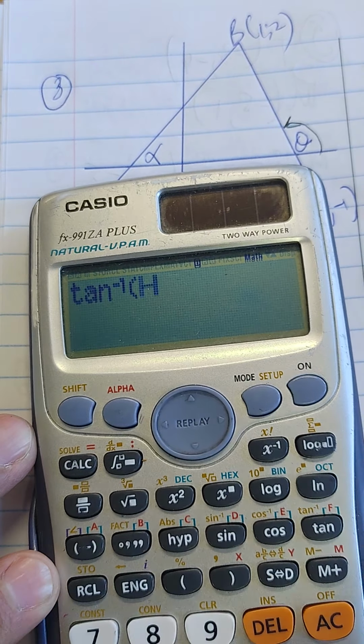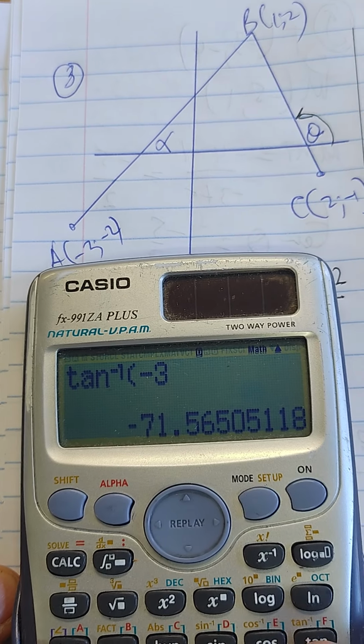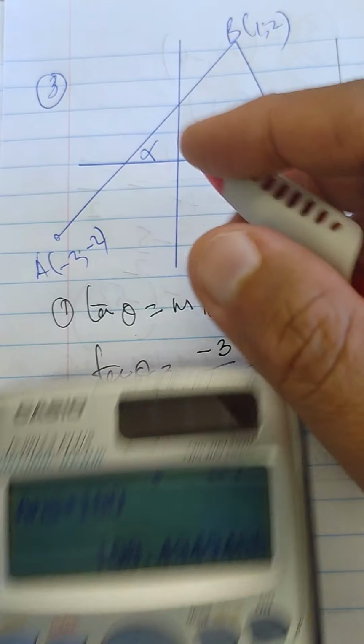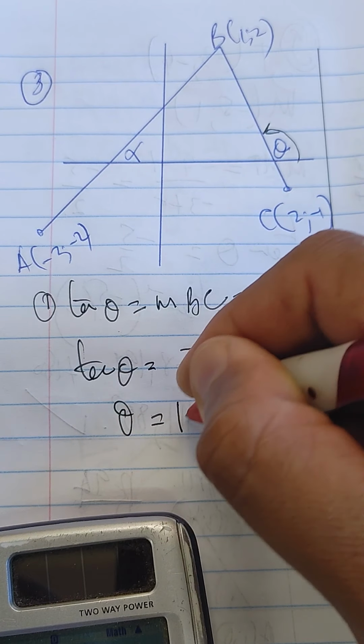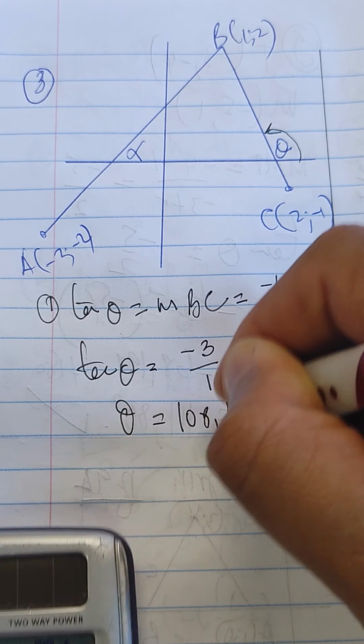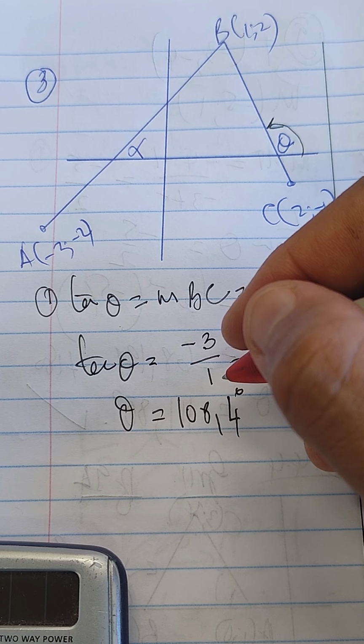Arctan of negative 3 gives you negative 71.57 plus 180. It's going to give you 108.4 degrees. So your theta angle is 108.4 degrees, set to 1 decimal place.